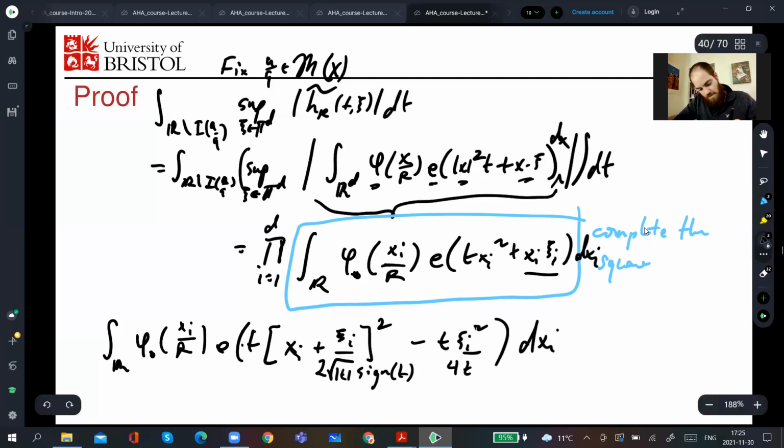Yeah, I think what you're supposed to do is put a plus or minus t out front, so that you don't have to deal with this issue. I think I want the plus or minus here, actually.